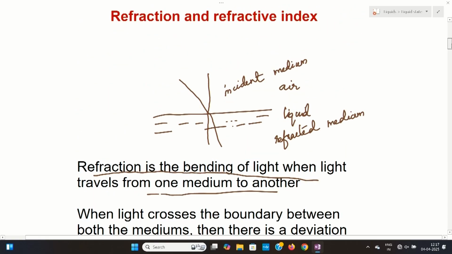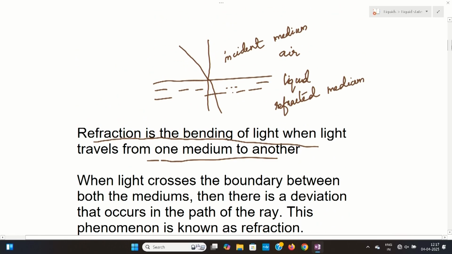The refraction is caused by two factors. First one is the change in direction and the second one is the speed of light. In the incident medium, that is in air, the direction of light is one, and when it is in liquid, the direction changes.